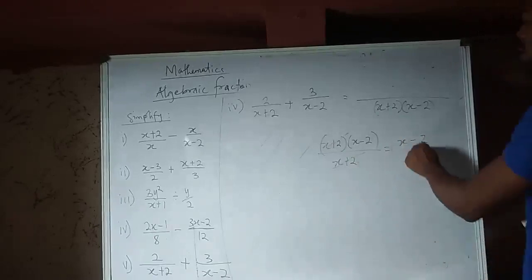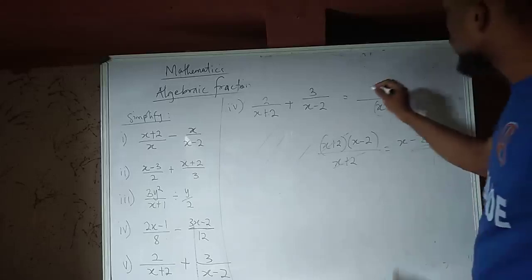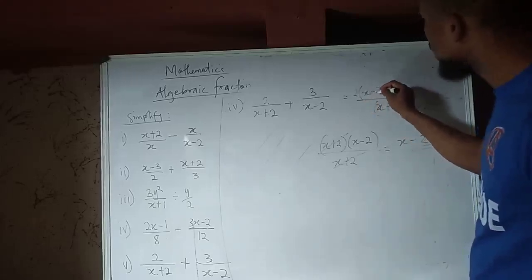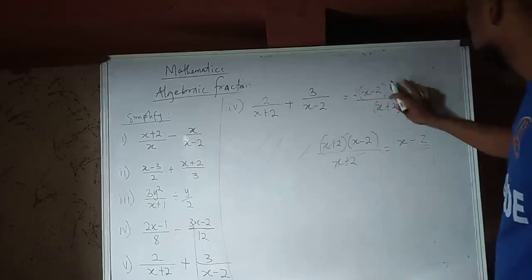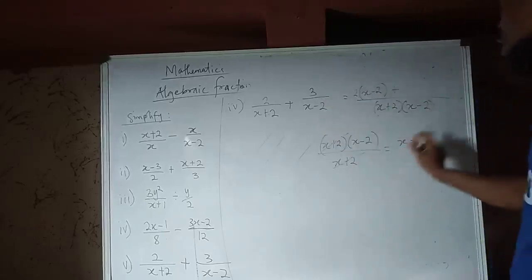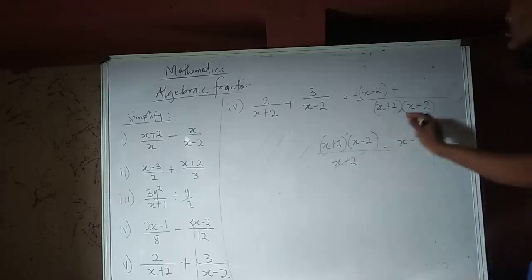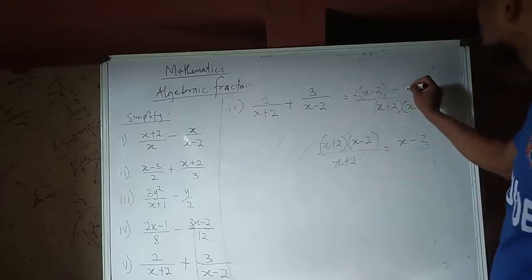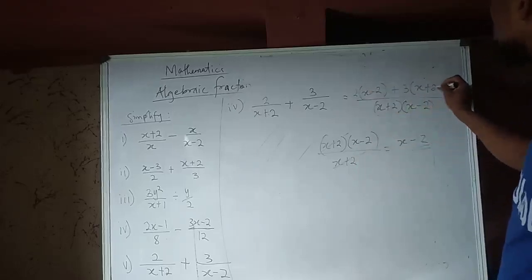So x minus 2 times 2 will give us 2 into x minus 2. Then here is going to be plus this divided by this, just the same way we did this. You try it. We are going to get x plus 2, so we are going to get 3 times x plus 2 here.